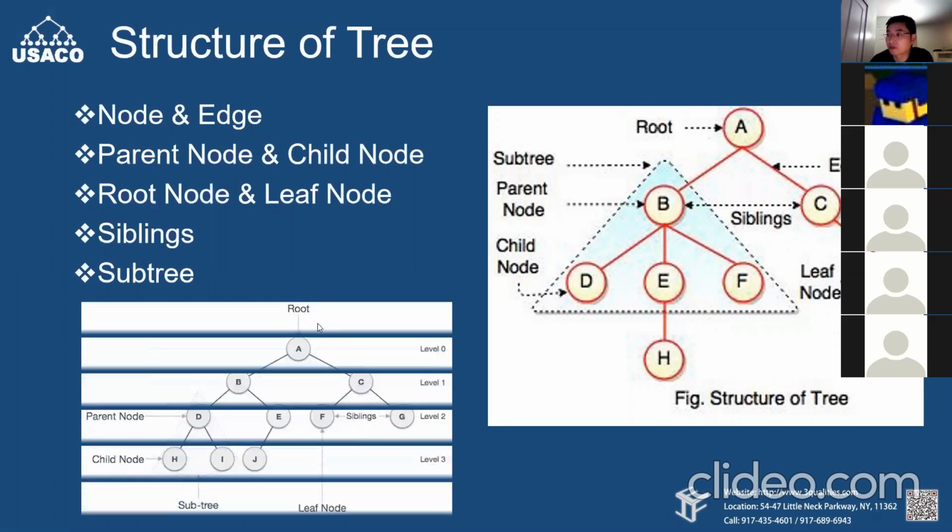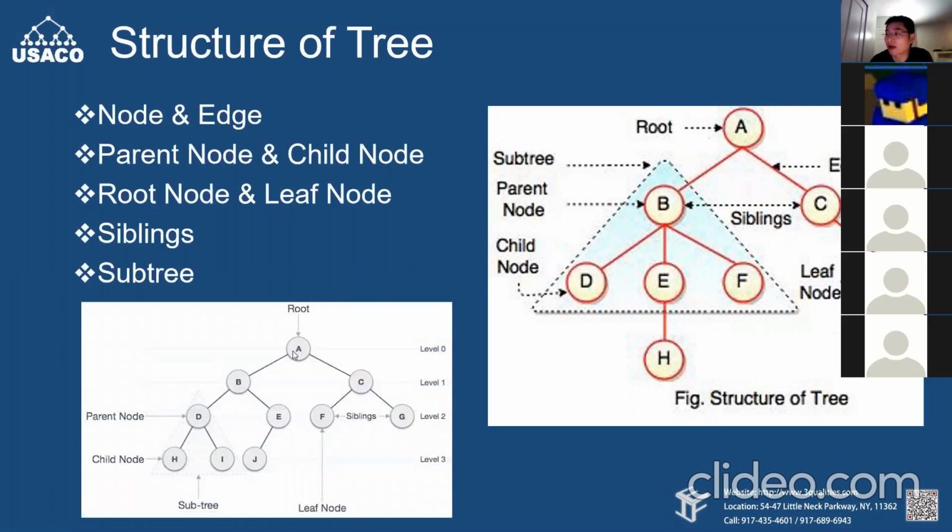Okay. So look at this diagram, right? Similarly, we have a root. Okay, we have a parent node, child node. We have a subtree. We have a leaf node, and then we have siblings. And on the right side, you can see level 0, level 1, level 2, level 3. What does it mean? As I said, from the root of the tree, it can expand, just like the family tree.